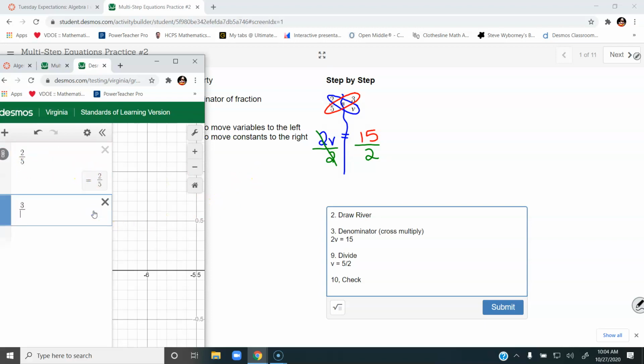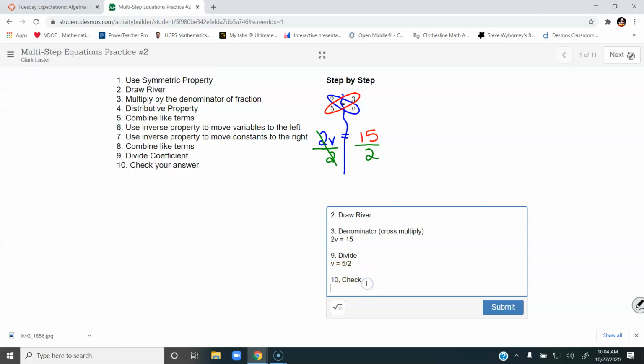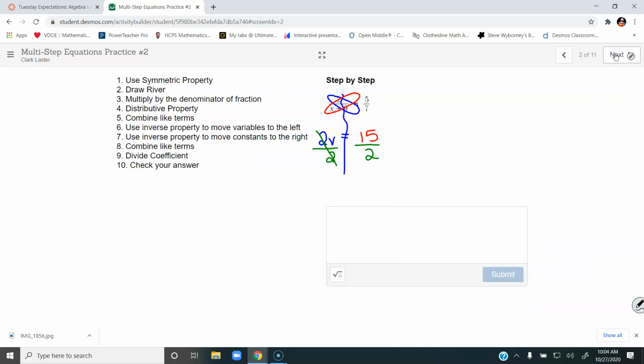And then I'm going to put 3 divided by parentheses 15 halves. And when I do that, you guys will see that I do in fact get a fraction for both problems. I get 2/5. Now I'm going to press enter here, and it says 2/5 is equal to 2/5. That is my check. That means I'm done. So I can submit that, and I can go to the next problem.